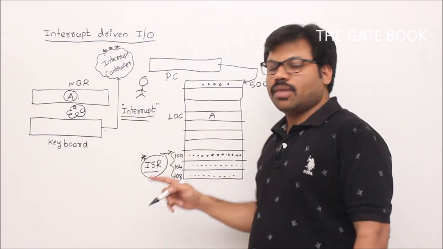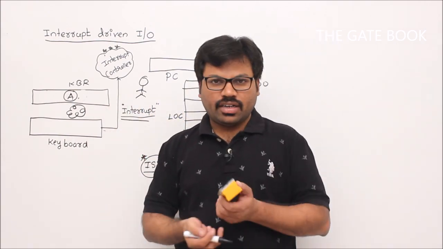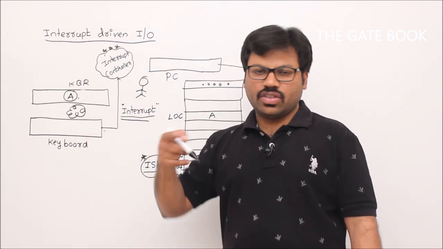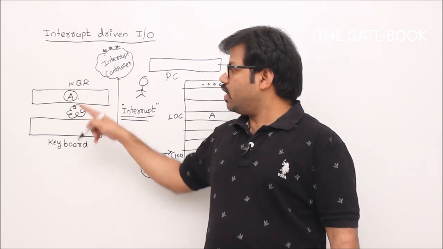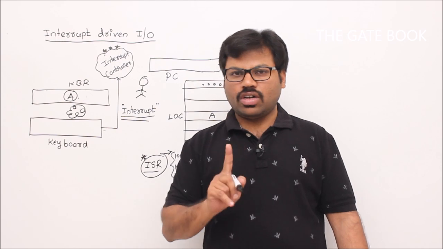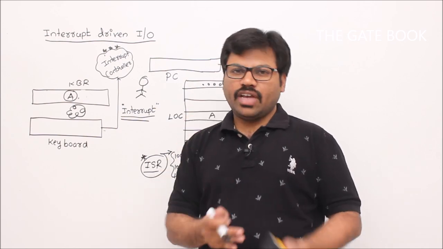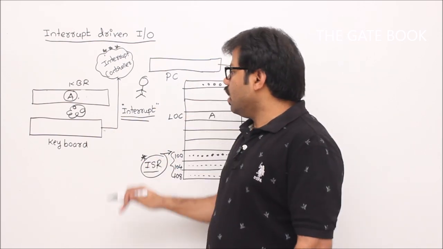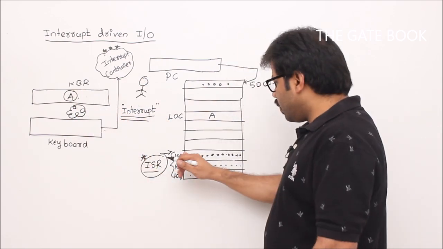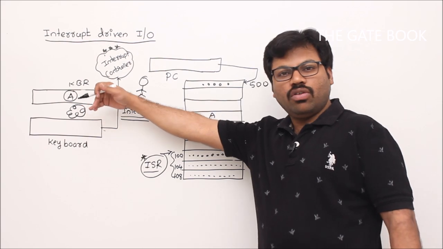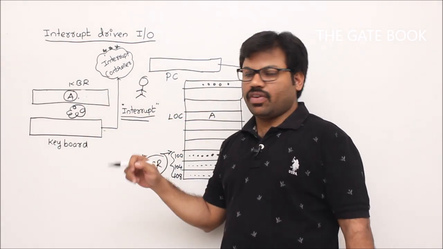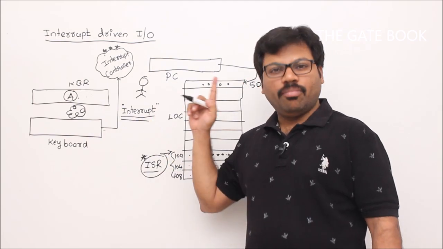Who will write this interrupt service routine? You have to write it if you want to access the data from the keyboard. We have already seen how to write code to access data from the keyboard. Only the polling part we should not do, but the remaining logic we have to write. That means we assume that whenever an interrupt comes, data is available, and the interrupt service routine has instructions such that data will be transferred from the keyboard register to main memory.